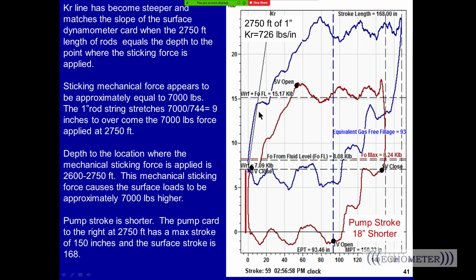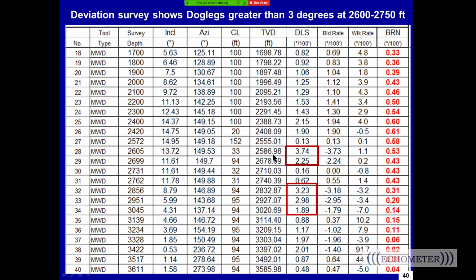It matches up with the dynamometer card, surface card, and it says that there's a 7,000 pound mechanical friction force acting on the rods at 2,750 feet, because now we have a dog leg of, well, this is measured every 100 feet. So this is an average dog leg of 3.7 and 2.25 at 2,750 feet from the surface.